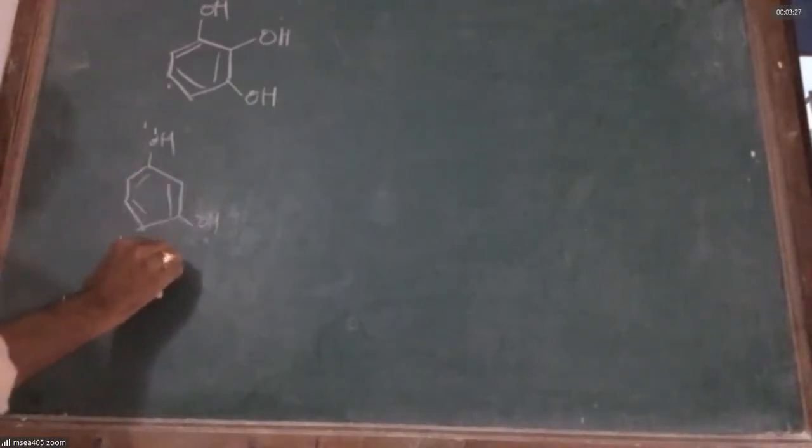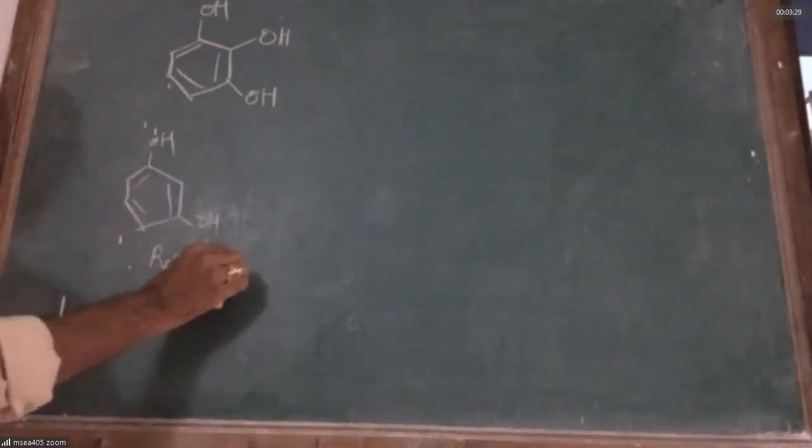Resorcinol. It is pyrogallol, 1,2,3-trihydroxybenzene. Resorcinol means only 2 OH groups, at the 1 and 3 positions. This is resorcinol. It is pyrogallol. It can absorb oxygen, sir.